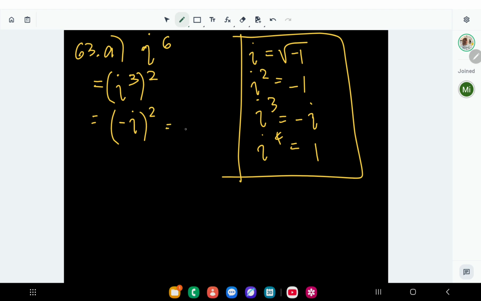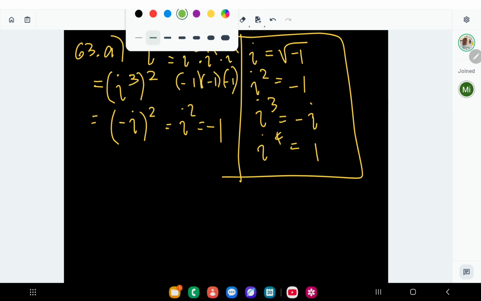It should be i squared, so this is -1, because i to the 6 can also be written as i squared times i squared times i squared. So this is -1 times -1 times -1.